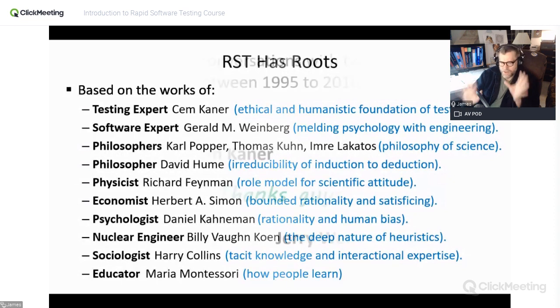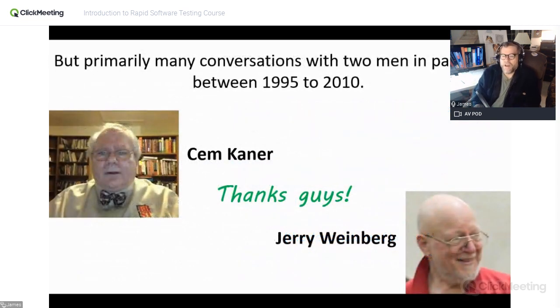Now, there are two people whose conversations over a 15-year period were profoundly important for me in developing this methodology: Kem Kainer and Jerry Weinberg. Jerry Weinberg died a few years ago. Kem Kainer is retired.